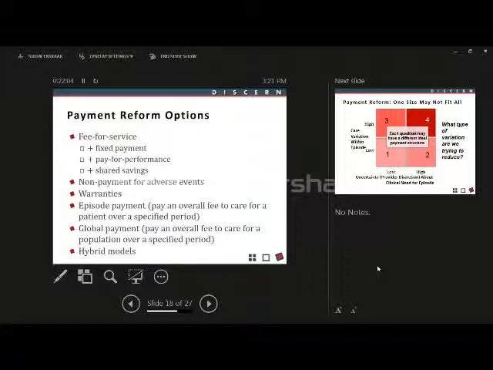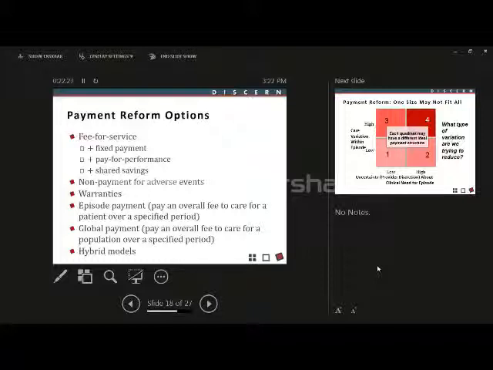Other forms of payment reforms that are perhaps a little more ambitious than fee-for-service adjustments would be things such as non-payment for adverse events. This is a model that Medicare has adopted for a number of hospital-acquired conditions that could be prevented.